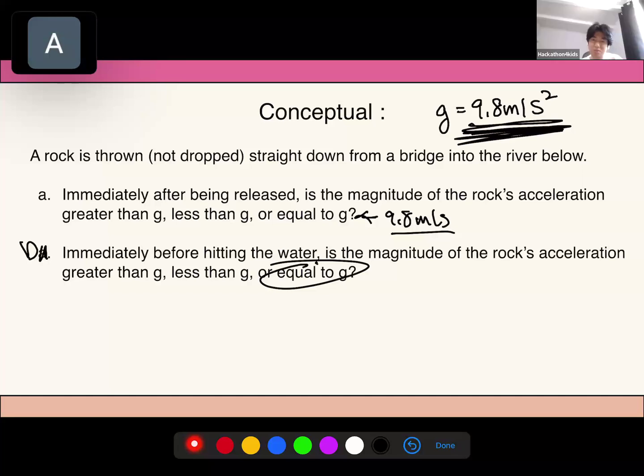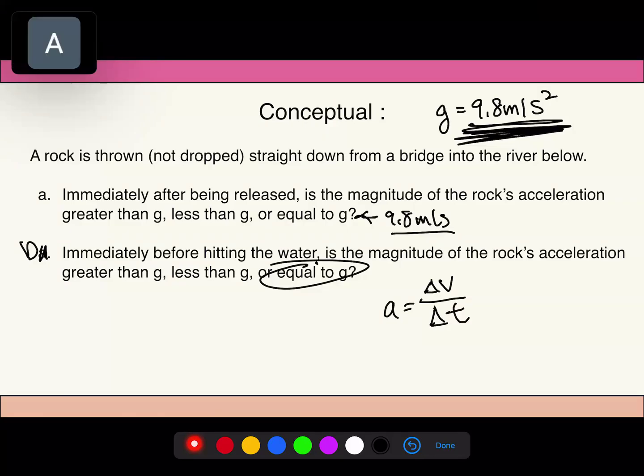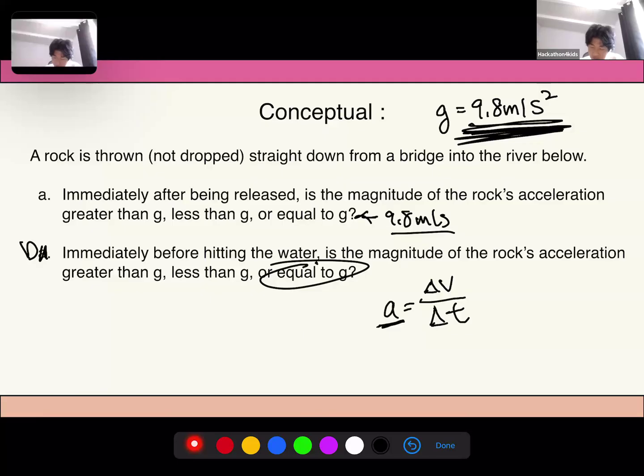No, not the same speed, it's the same acceleration, right? Acceleration equals the change in velocity over the change in time, right? But this acceleration is constant because of gravity. Gravity doesn't change. So we're talking about the acceleration here.